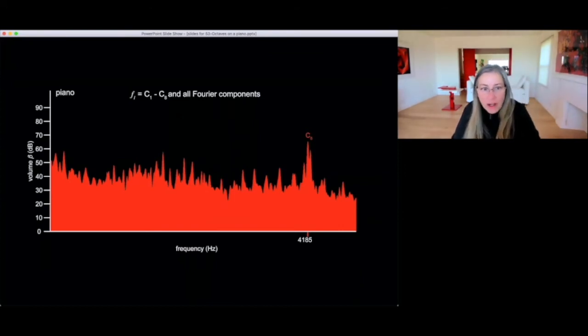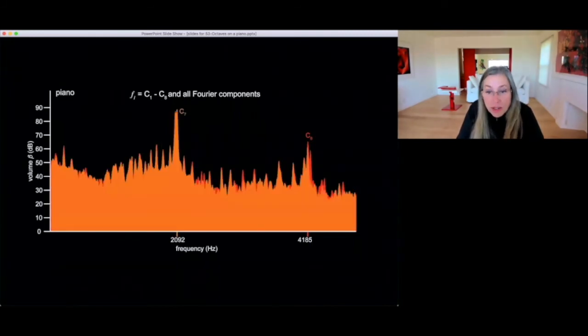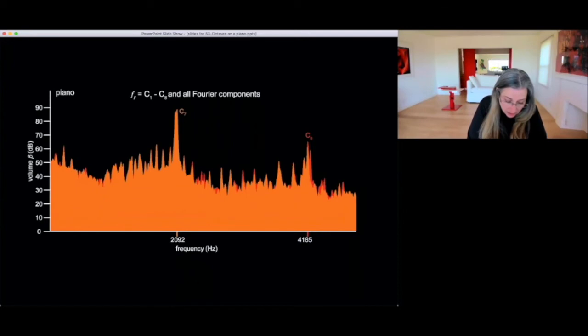I've recorded ahead of time the Fourier spectrum; neglect all of these peaks that are hardly audible, and pay attention to the C8 frequency at 4,185 hertz. Now I go down one octave to C7, that sounds like this.